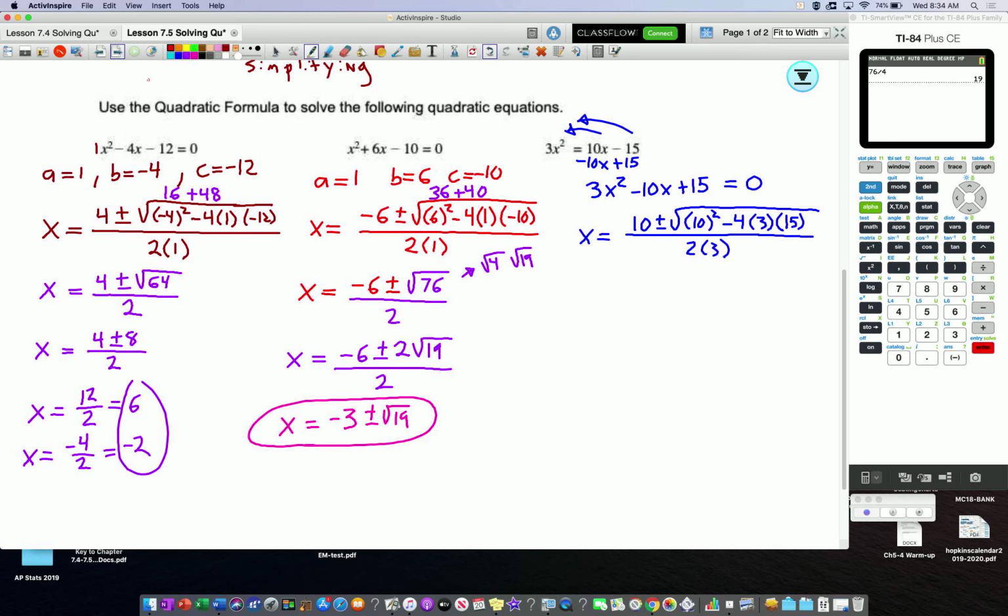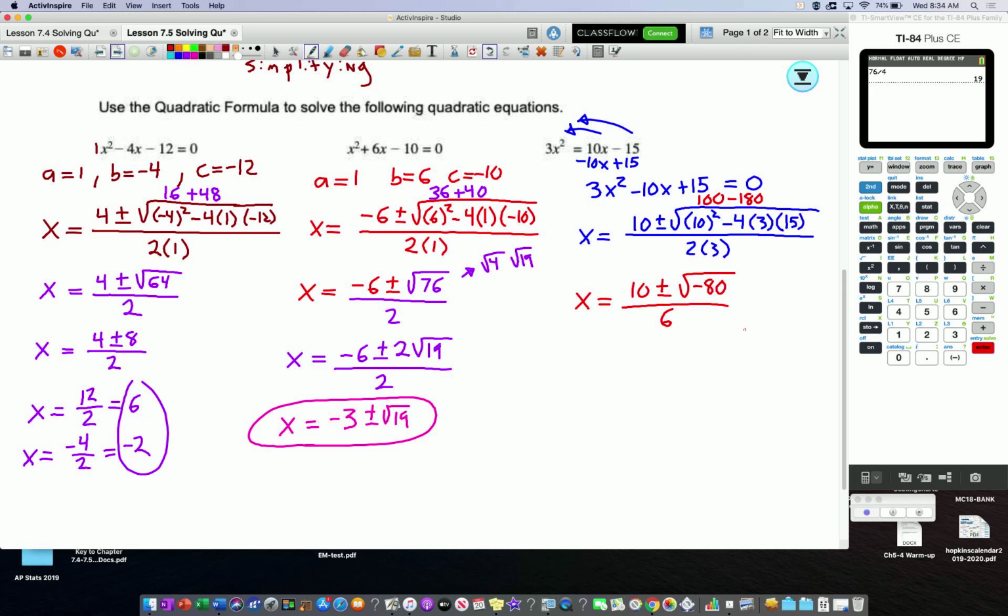Now, as I continue to simplify, x equals 10 plus or minus, 10 squared is 100, minus 4 times 3 times 15. Gotta make sure we check that. I believe that's minus 180. So when I subtract those, I get negative 80 over 2 times 3, which is 6.